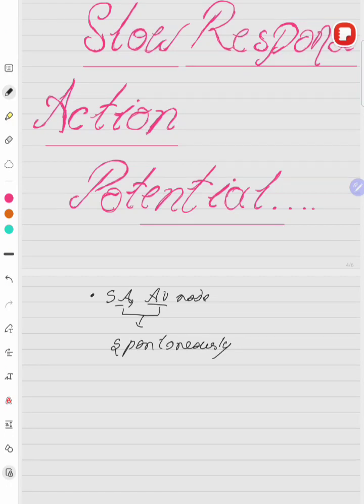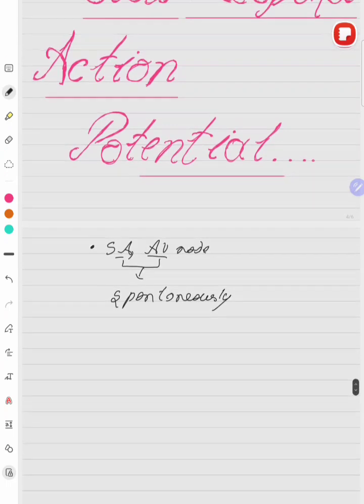When we saw fast response action potential, they required an external input to stimulate, whereas SA and AV node require no external input and fire spontaneously. So that's the reason why our heart, even without innervation, would keep on beating.